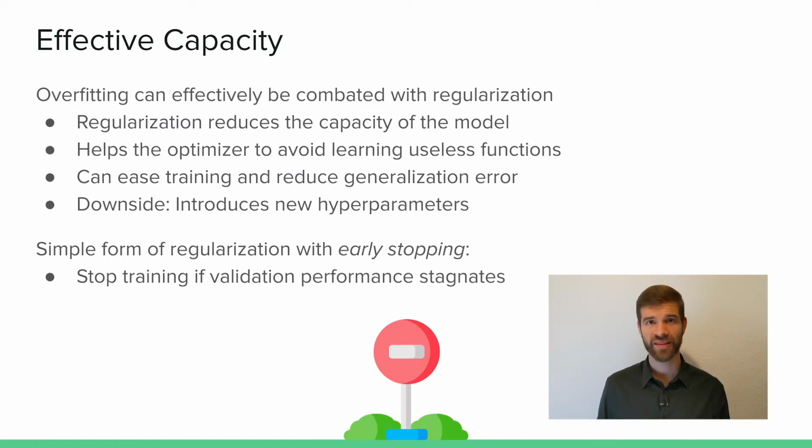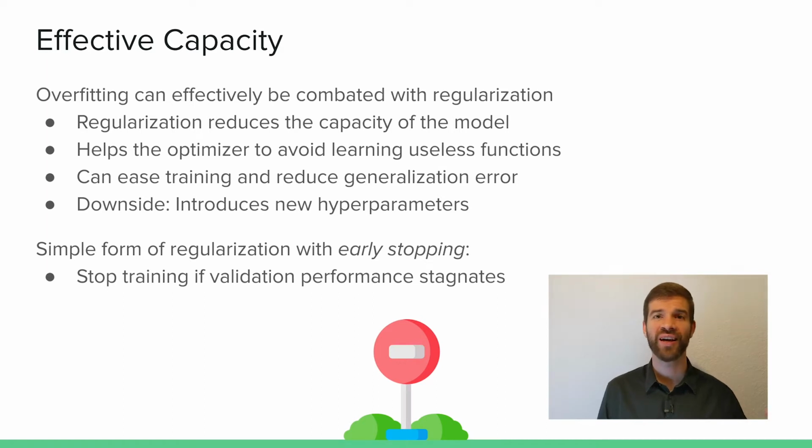The effective capacity that we're actually having in our network can be adjusted by several things. So when we perform regularization, we're reducing the capacity of the model, which can help the optimizer to avoid learning useless functions, and it can ease training and ultimately reduce the generalization error, which is what we want.